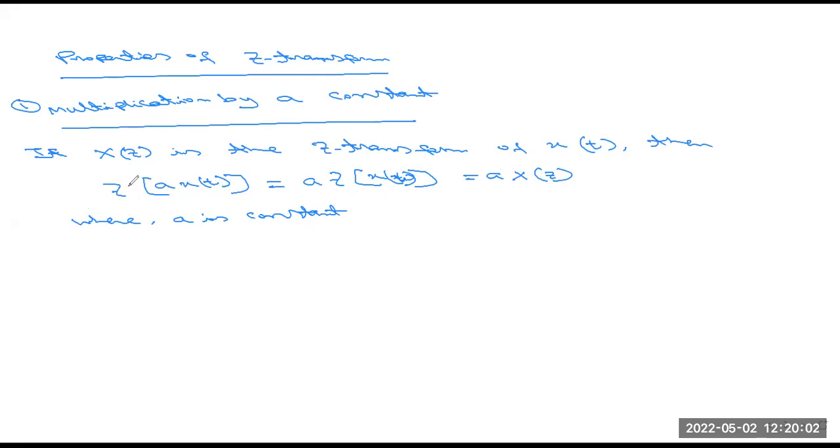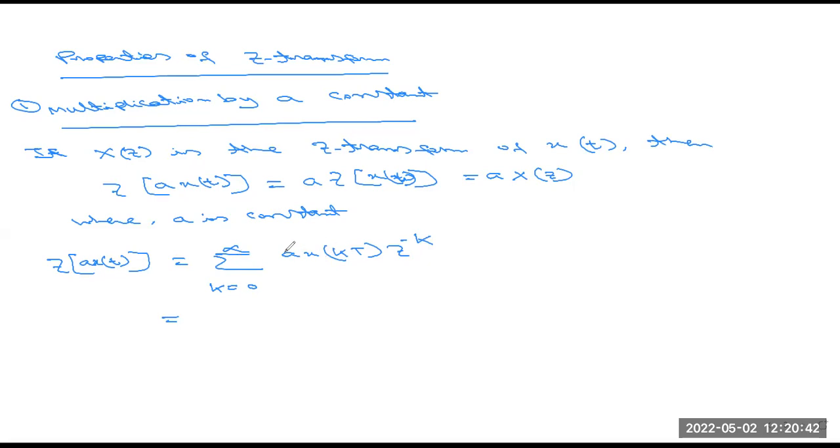That is, Z of A x of t is equal to A of X of z. So now we apply the Z transform. This is one-sided, so the range is 0 to infinity. The function is the summation of A x of kT z to the power minus k, with k equal to 0 to infinity.